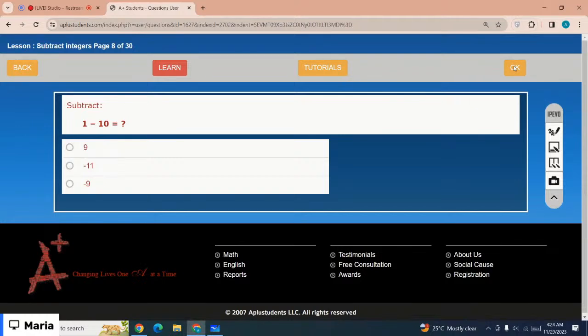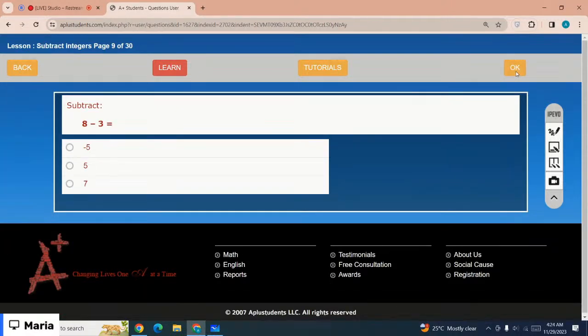How? You have to subtract them and then you need to put the sign of the greater one. 1 minus 10 is negative 9. You have to subtract them. You need to put the sign of the greater number. Very good. That is negative 9 is the correct option. You need to subtract them and you have to put the sign of the greater number. The correct option is negative 9.